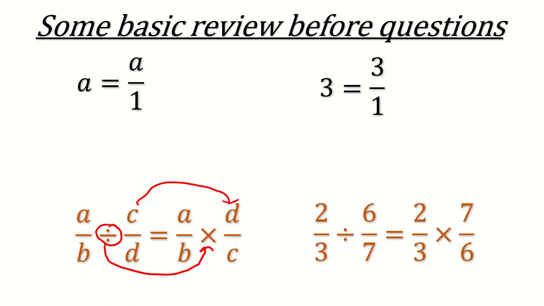For example, 2 over 3 divided by 6 over 7 will be equal to 2 over 3 multiply 7 over 6, and after that you can continue as usual. Make sure that whenever a fractional number comes after a division, you compulsorily convert the division into multiplication like this, and the fraction will be flipped.